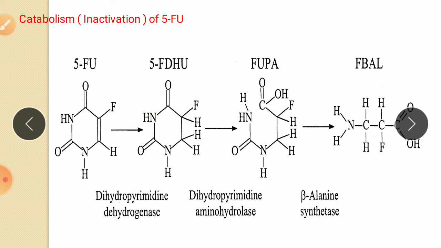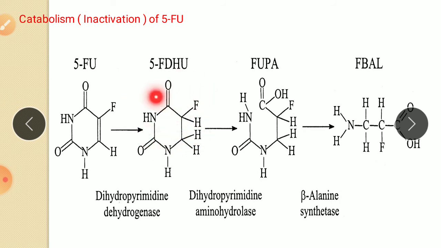Similarly, in the next step there is hydrolysis again, this bond is broken, hydrogen is added here, OH added here, and it forms fluoro beta alanine. This is the catabolism or inactivation of 5-fluorouracil. In the first step, hydrogen is added and the pi bond is broken by the enzyme dihydropyrimidine dehydrogenase.